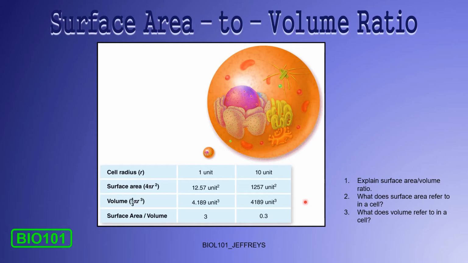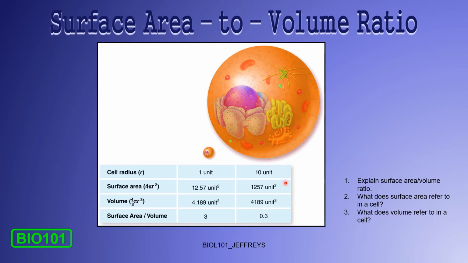So the point here is the larger the cell, the smaller the surface area to volume ratio, and in turn the slower diffusion takes place into or out of the cell.